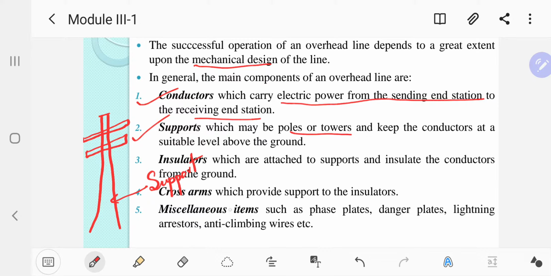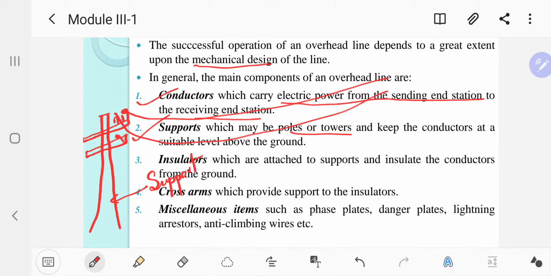Next come the insulators. So what are insulators? Insulators are attached to the supports and they insulate the conductors from the ground. You can see insulators on the poles, and from there the conductors are carried towards the next pole.